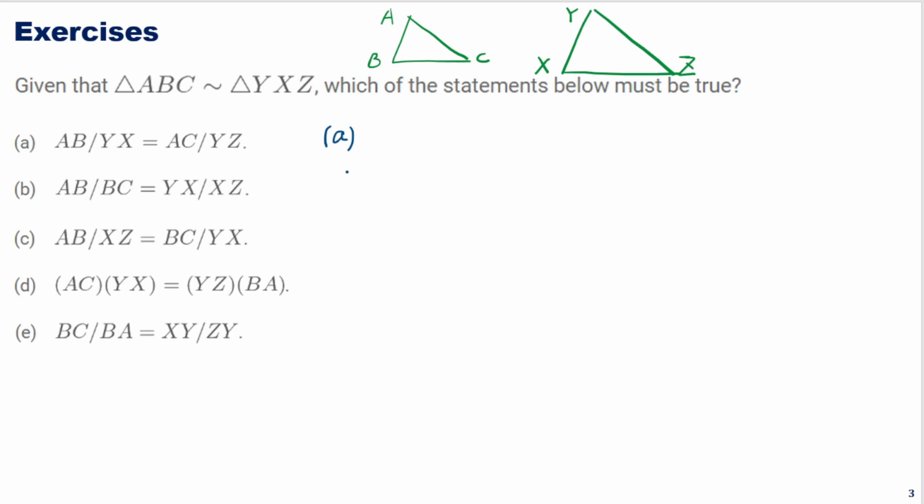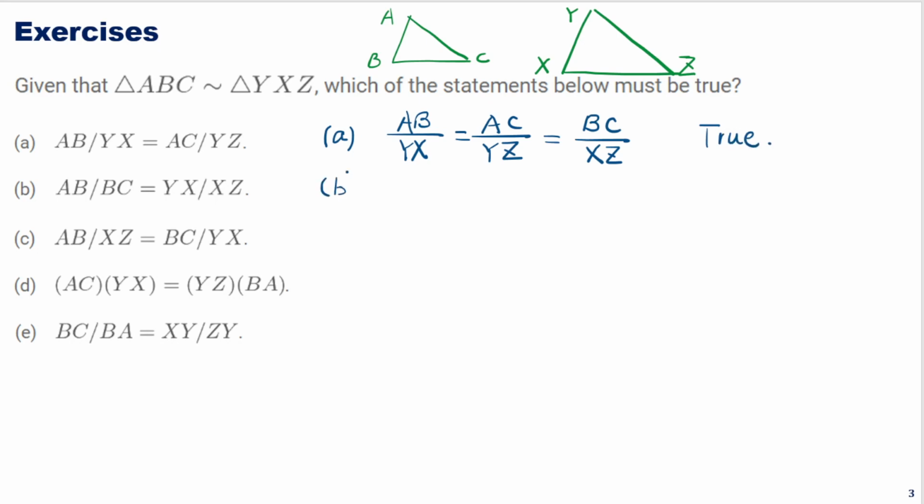So we have AB over YX equals AC over YZ, which also equals BC over XZ, right? Because of the similarity. Therefore, AB over YX equals AC over YZ. This is correct. So this is true.